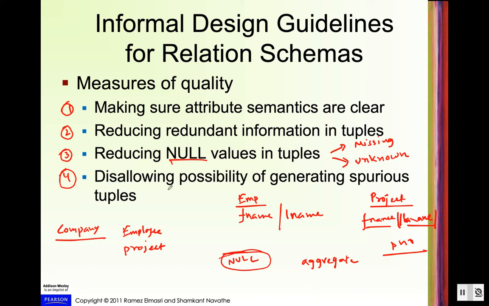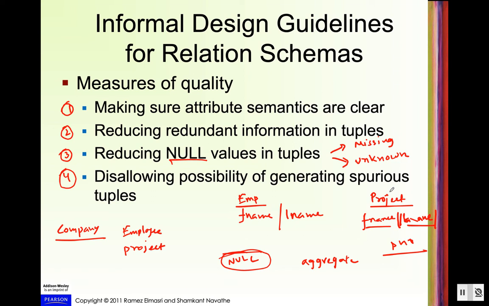We want to disallow the possibility of generating spurious tuples. Spurious tuple means some wrong tuple; it can be treated as misinformation.